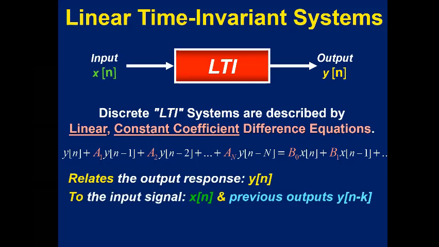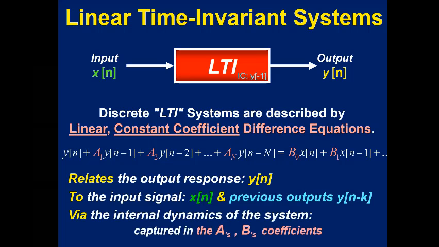That difference equation is our system description. It's what relates the output of the system, y of n, to the input of the system, x of n, and perhaps some previous outputs through the difference equation. And it does so by describing the internal dynamics of the system in the difference equation. And if you think about it, the only thing that's changeable in this difference equation are the actual coefficients, the a sub k's and the b sub k's.